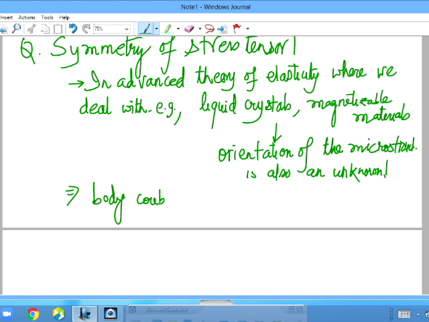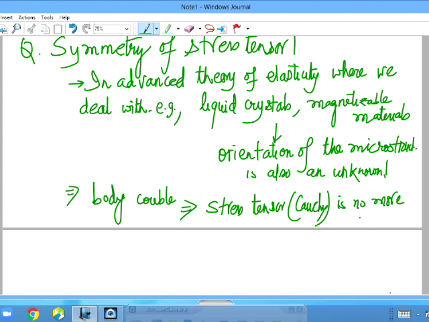It's quite interesting. And due to that, the stress tensor, basically the Cauchy stress tensor, is no more symmetric.